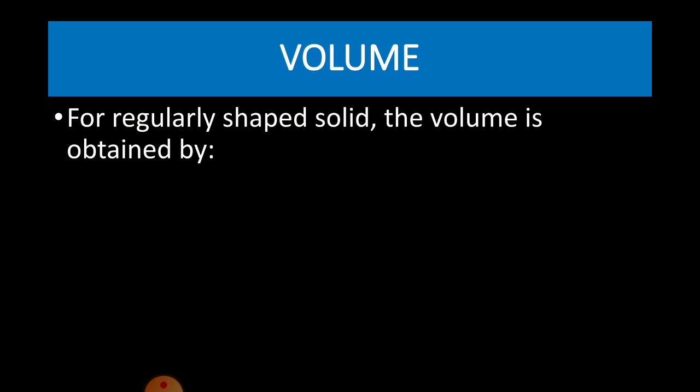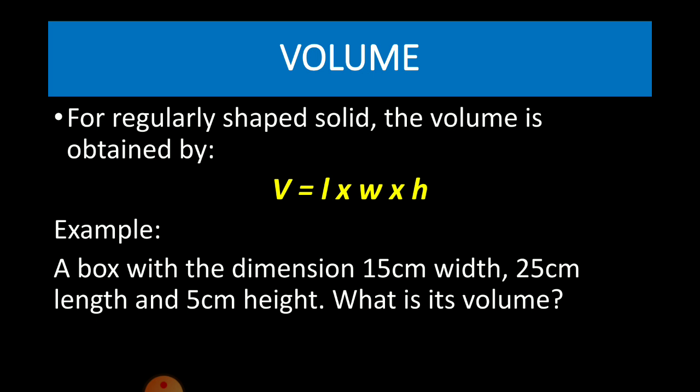For a regularly shaped solid, the volume is obtained by V equals L times W times H, where V is the volume, L is the length, W is the width, and H is the height. For example, a box with the dimensions 15 cm width, 25 cm length, and 5 cm height, what is its volume?